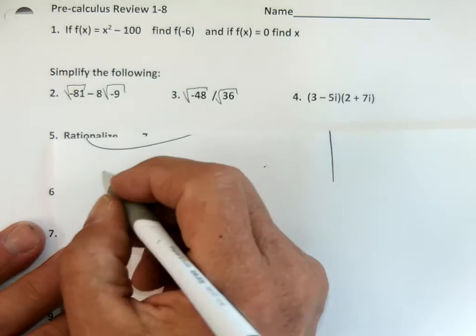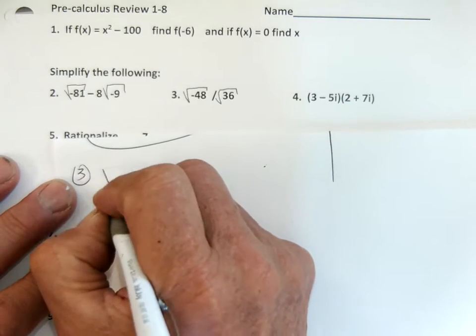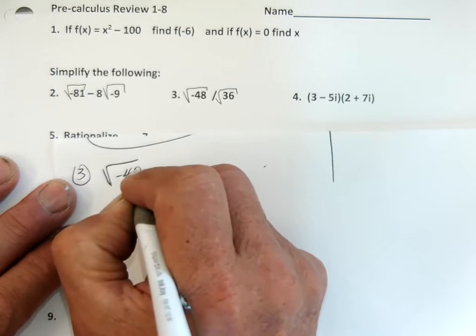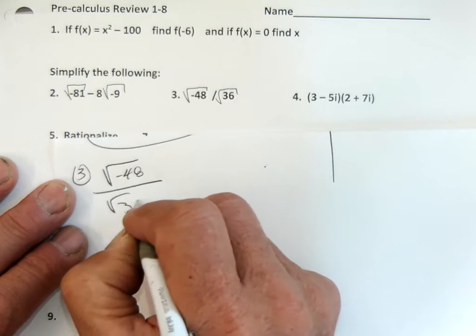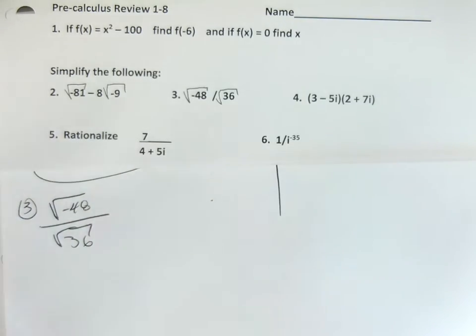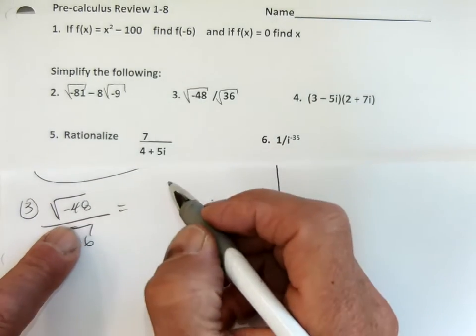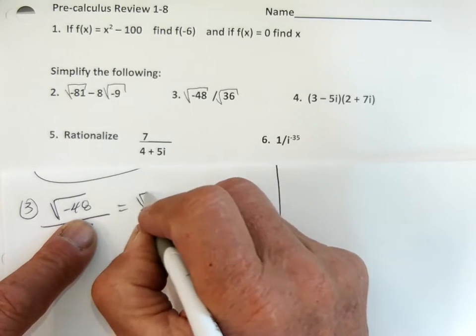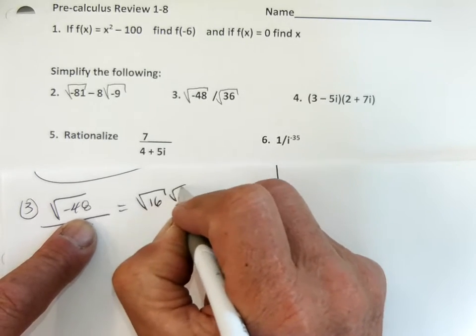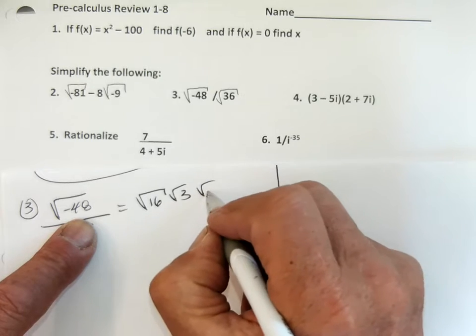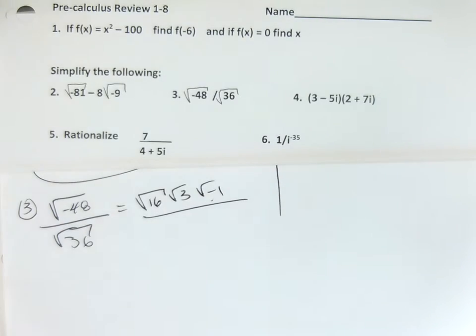Number 3, square root of negative 48 over the square root of 36. I need to reduce this. So I know 48 is the same thing as 16 times 3 times the square root of negative 1. And I like 16 because it's the biggest perfect square multiple. I could have used 4 and 12, but then I'd have to break it up again.